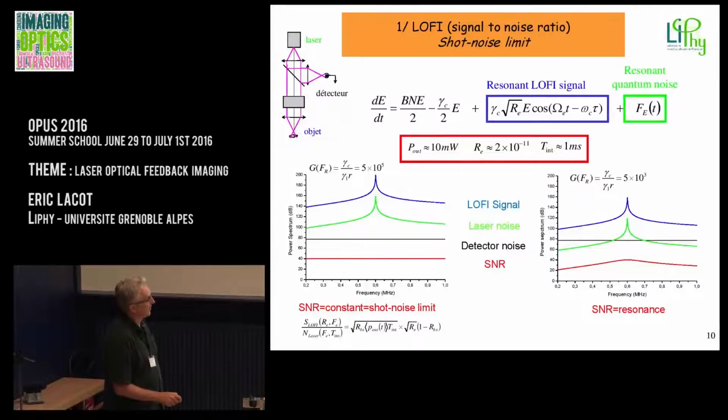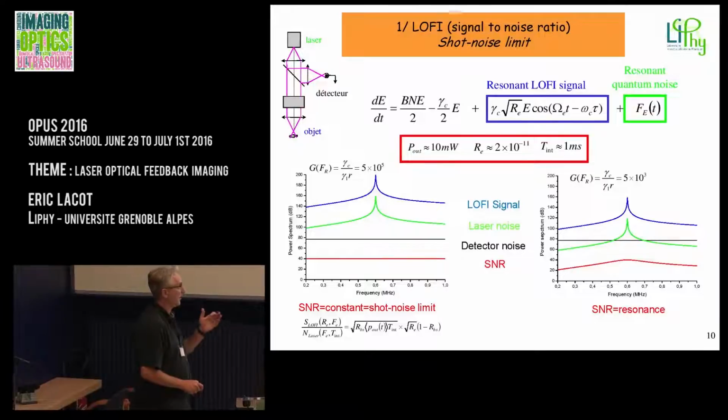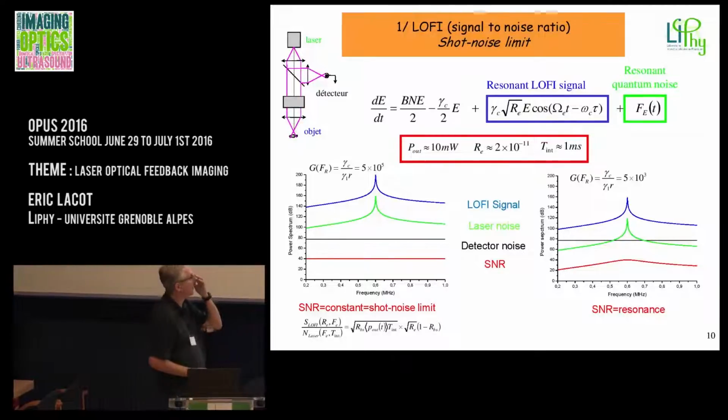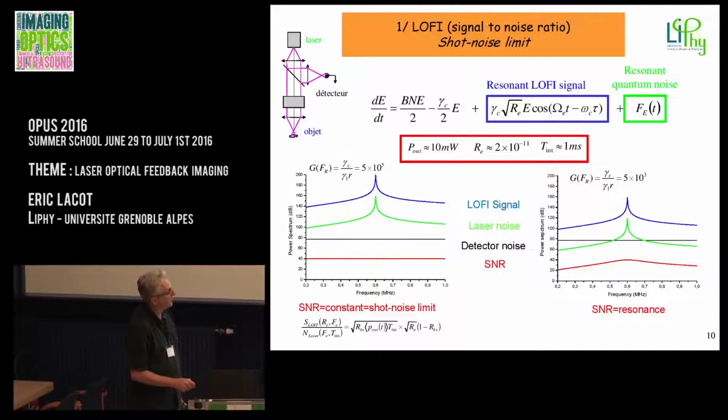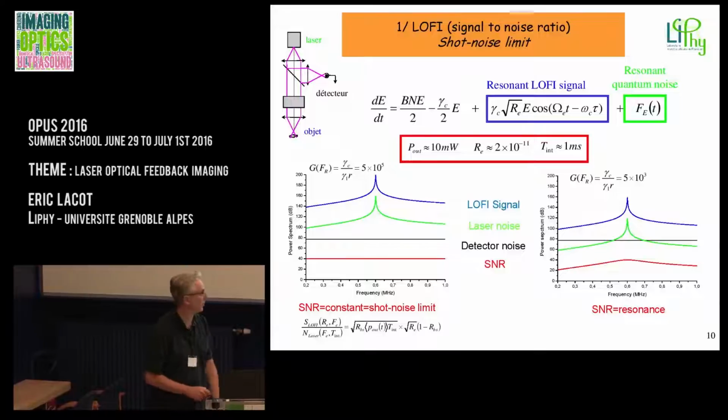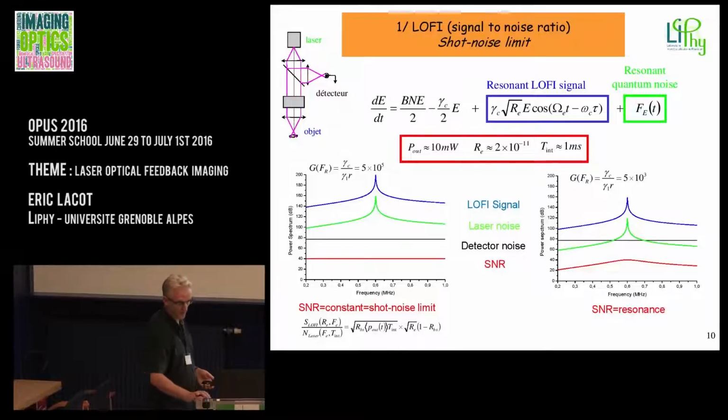This is here, and this is the shot noise limit. And here the signal-to-noise ratio is given by the ratio between the blue curve and the dark curve, and we are here. So if we want to be at the shot noise limit with this kind of laser, with a small gain, we need to work really near the relaxation frequency to have the laser quantum noise which is above the detector noise. So the shot noise limit is here. So experimentally we work clearly near the relaxation frequency.